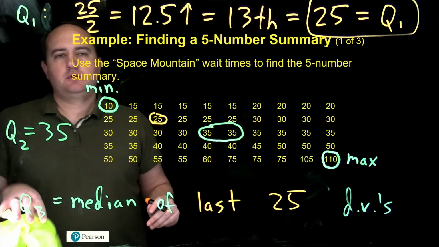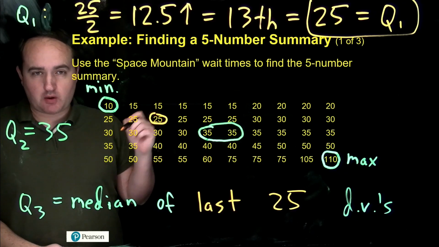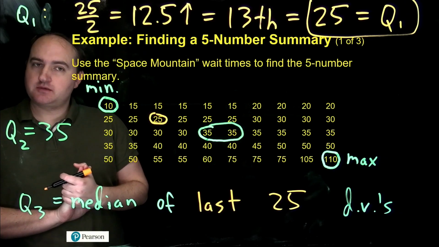Okay, so once again, 25 divided by 2 is 12.5, and when you get a decimal, you always round up.